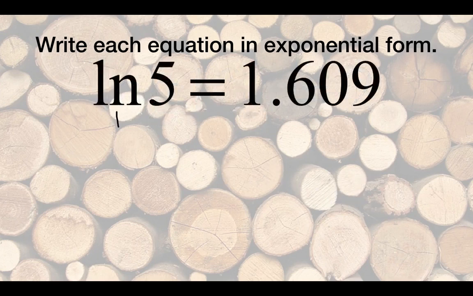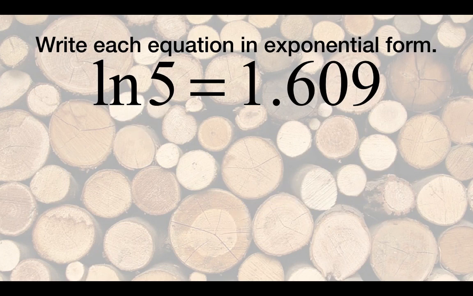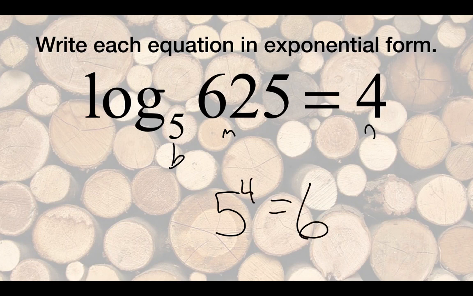All right, remember this is the same as log base e, so e to the 1.609 equals 5. Let's try that again. Equals 5. All right, 5 to the 4th power equals 625.